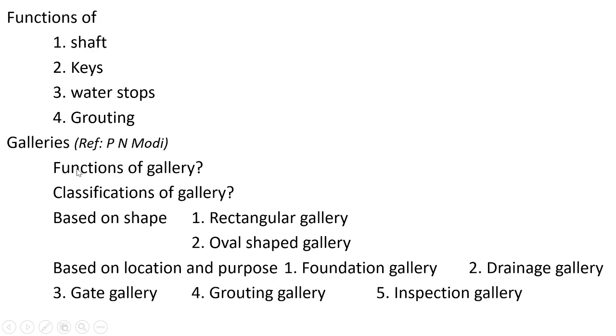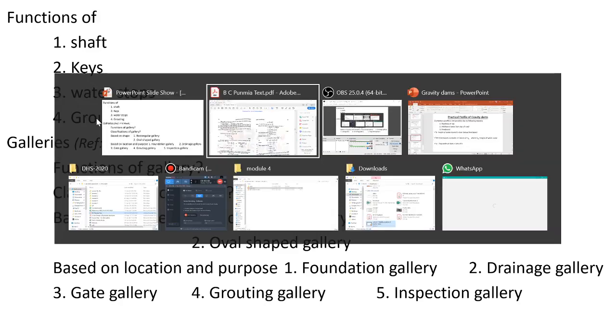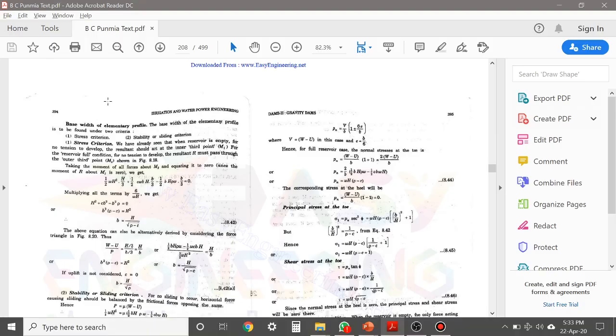For this gallery related topic, you can refer to the PN module text. The functions of shaft, quay, water stops, and grouting are also there in the PN module. These topics are also included in the BC Punmya text, I think.